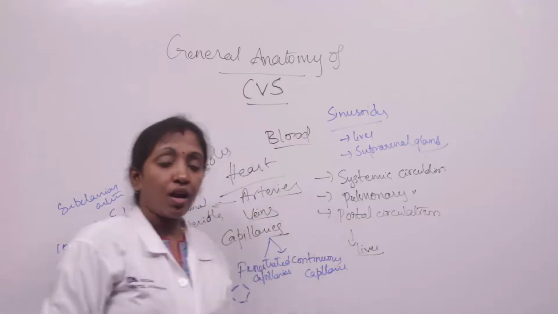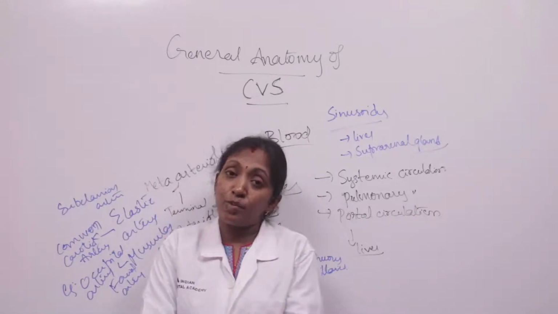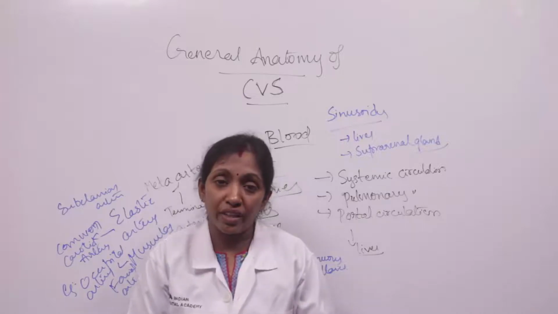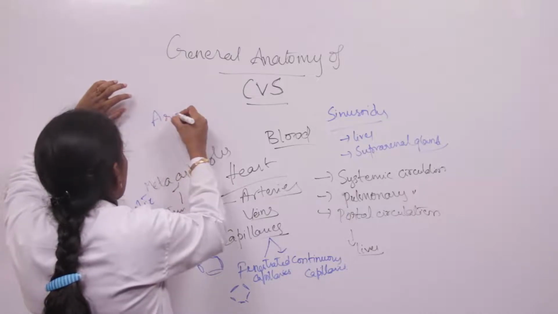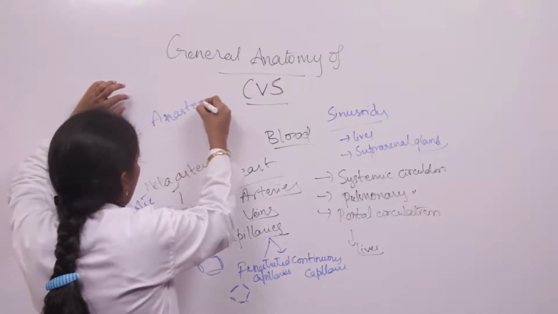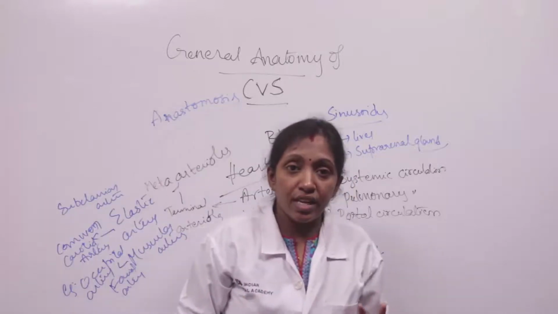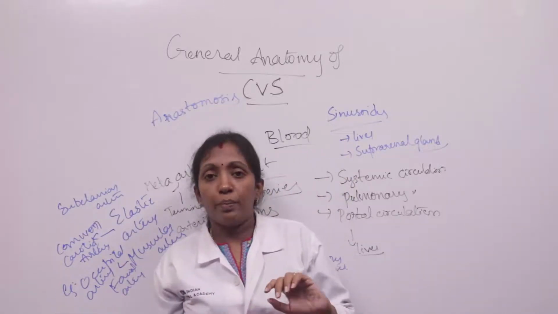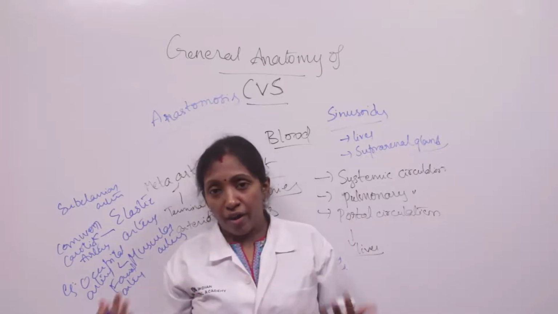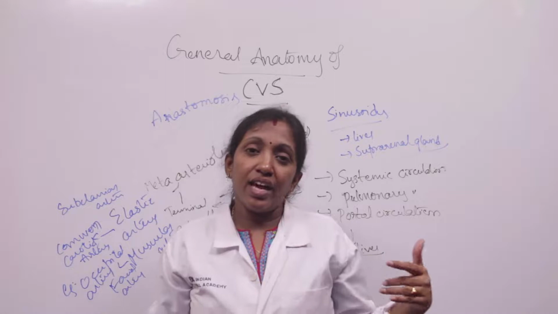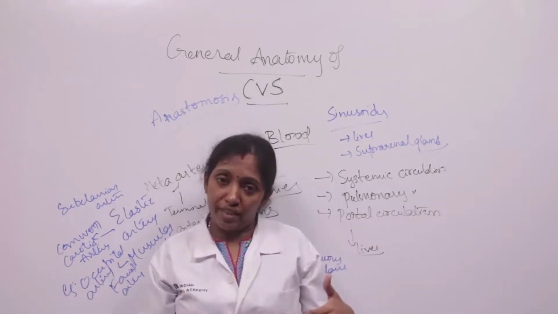Okay. And next is anastomosis. Anastomosis is where a blood vessel combines with another blood vessel, the smallest division of the blood vessel, whether it is a venule or arteriole, attaching to the smallest division of another blood vessel.